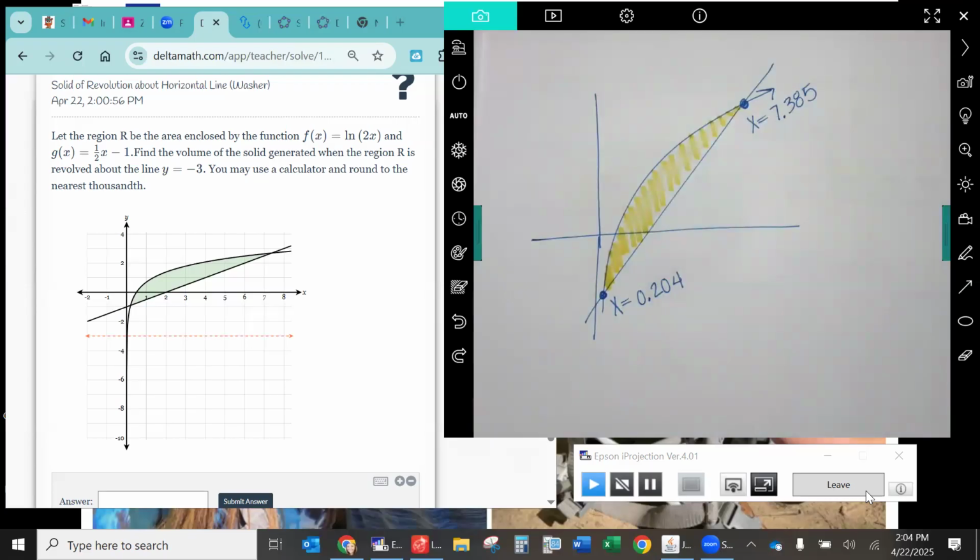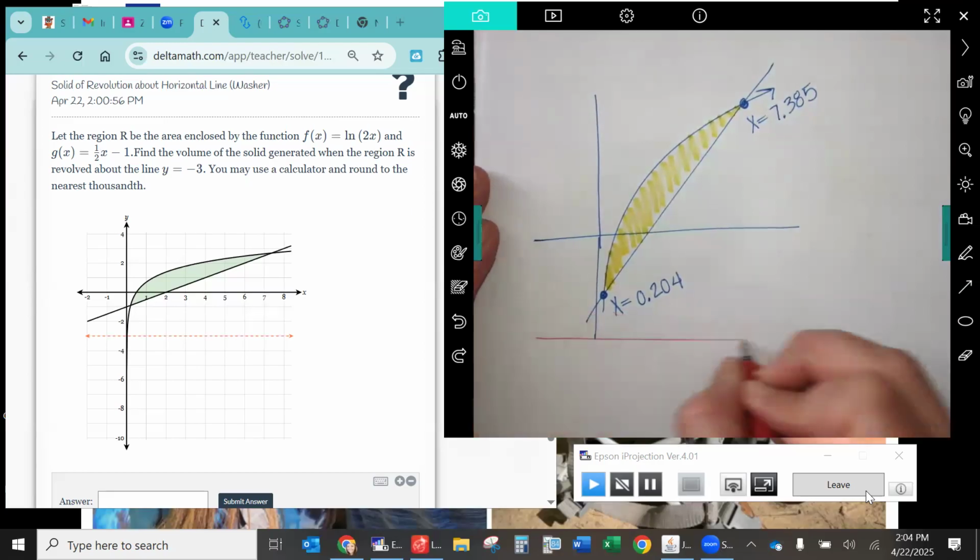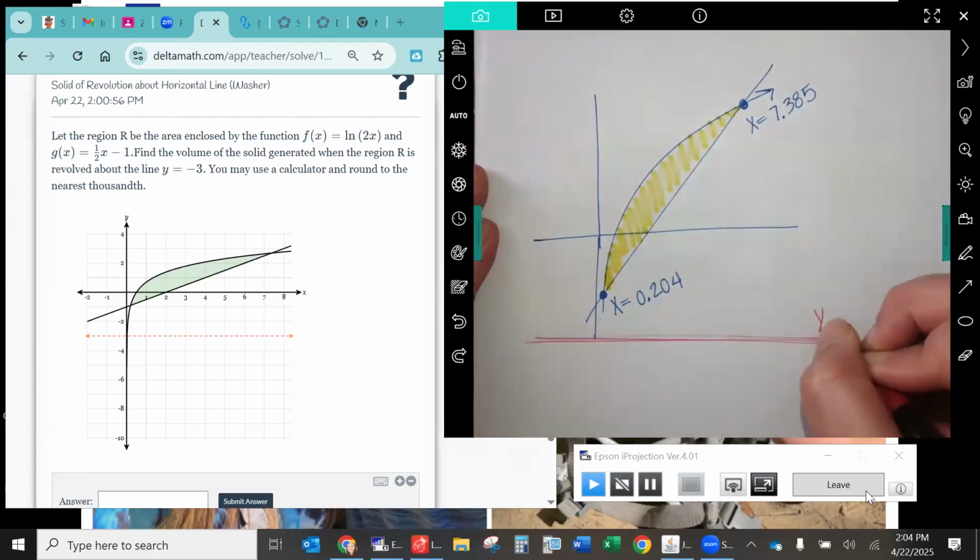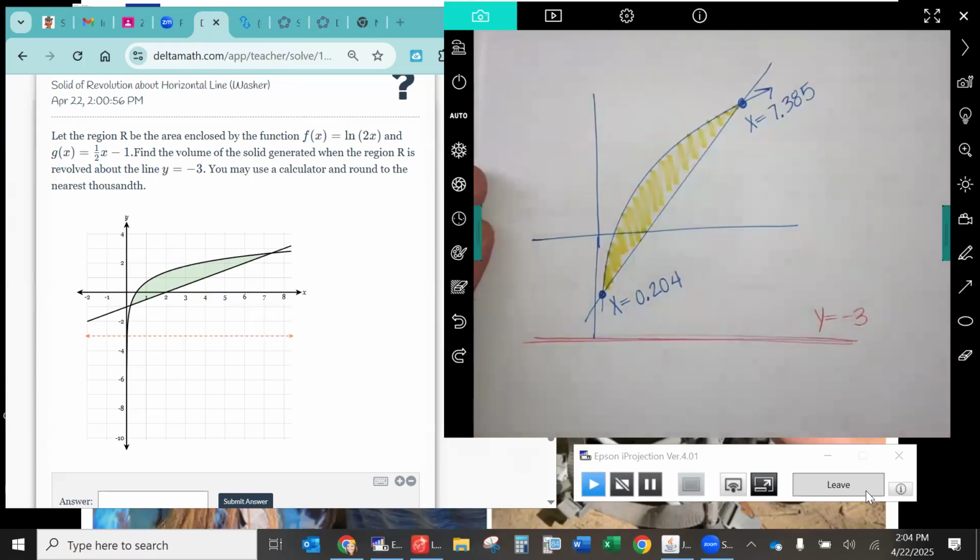Okay, so you should have found those intersections. If you didn't, they're on the board. Okay, 0.204 is the first one. 7.385 is the second one. What does it say I'm rotating around? Okay, and y equals -3 is down here. So is there a gap or no gap? There's a gap, then that means you have 2 r's.